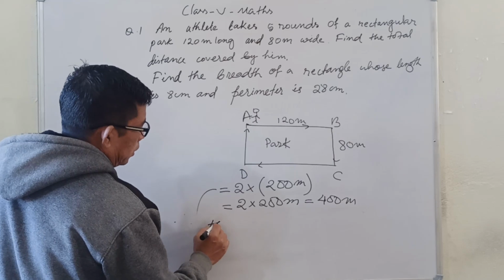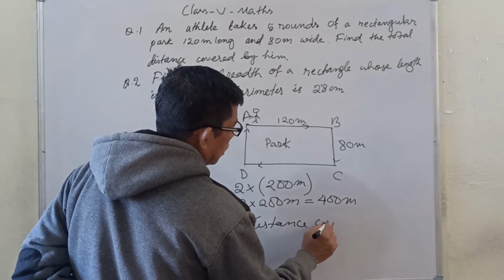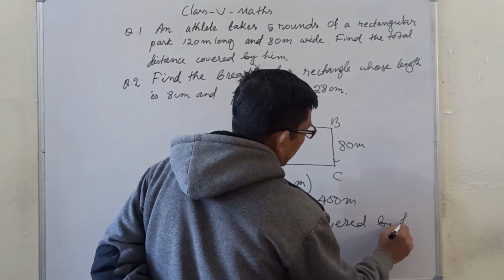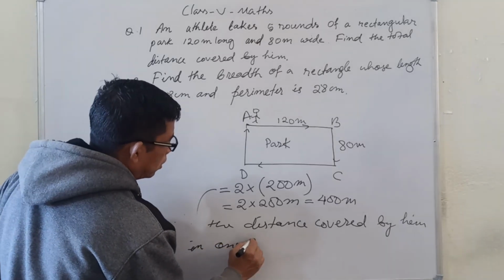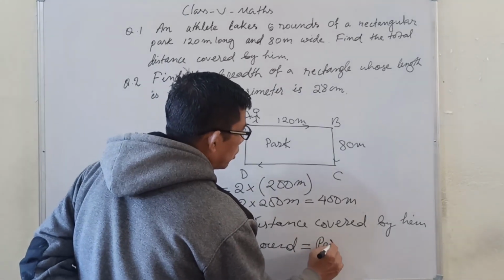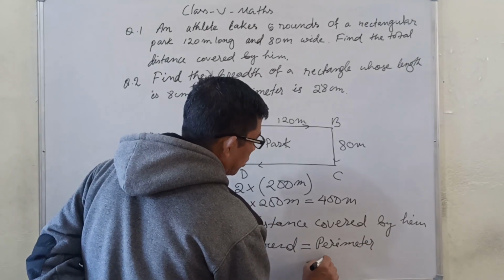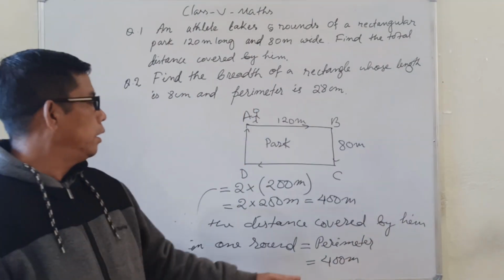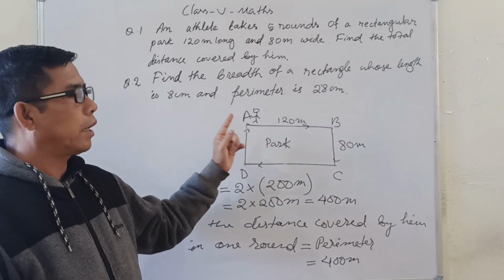Therefore, the distance covered by him in one round is equal to the perimeter, that is 400 meter. So this is the distance covered by the athlete in completing one round of the rectangular path.